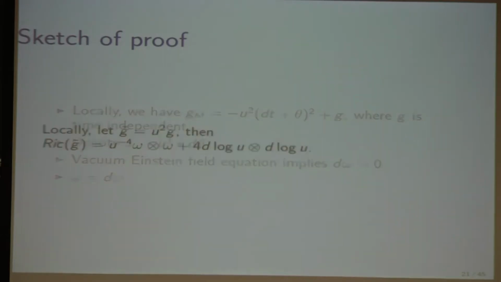So we consider a conformal change of G using the norm of the Killing field, U squared. Then the Ricci curvature of G tilde is very simple. It involves the tensor omega tensor omega plus d log u tensor d log u.